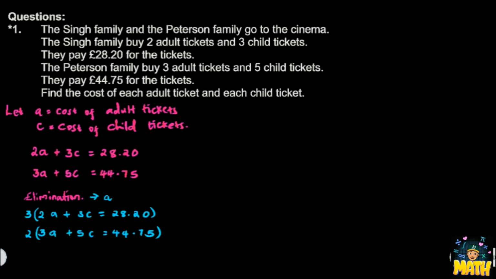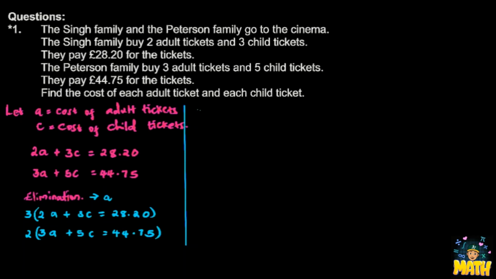So you will notice that the 3 has been multiplied by the first equation and the 2 has been multiplied by the second equation. So going forward, I'm going to multiply out everything in the bracket with a 3, starting with the first. So I'll have 3 times 2 is 6, and it's a 6A in this case.